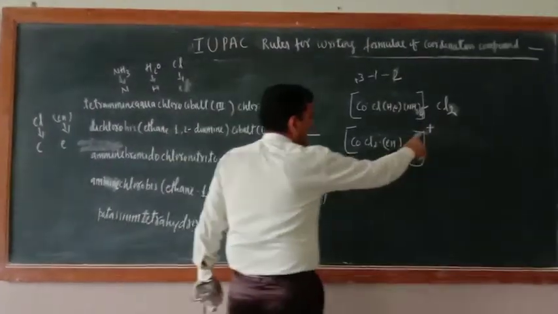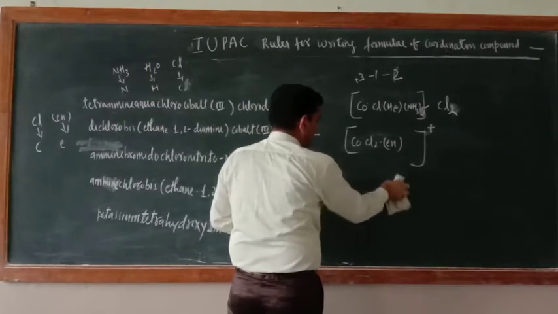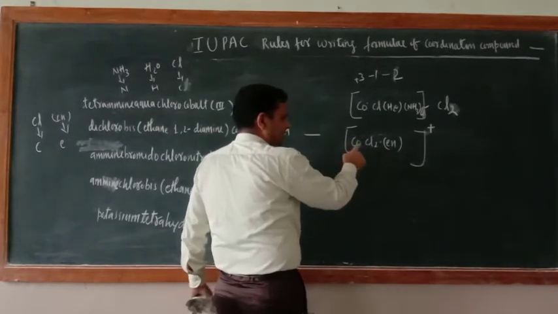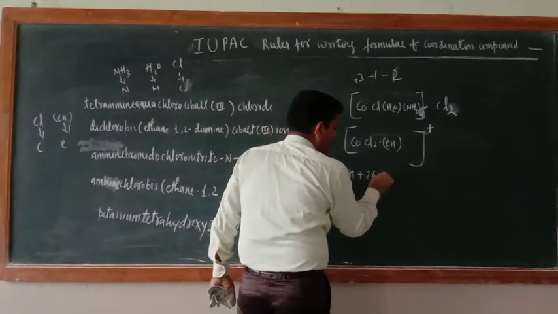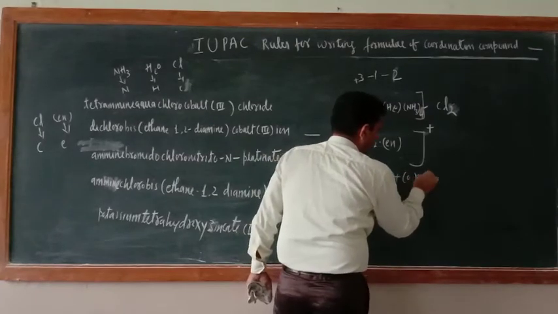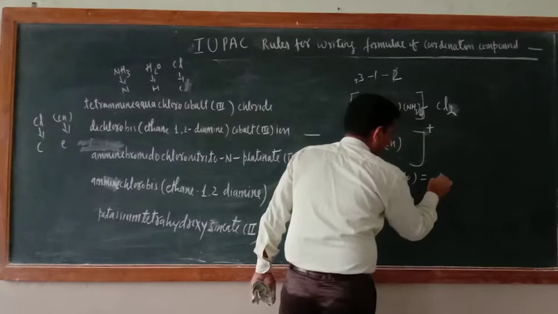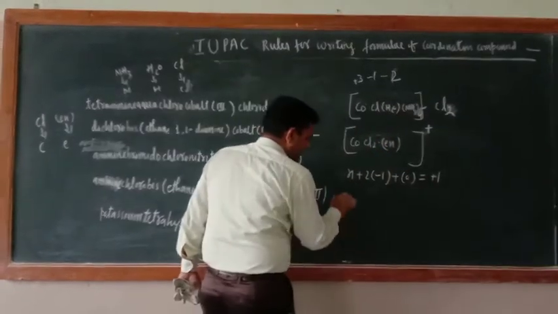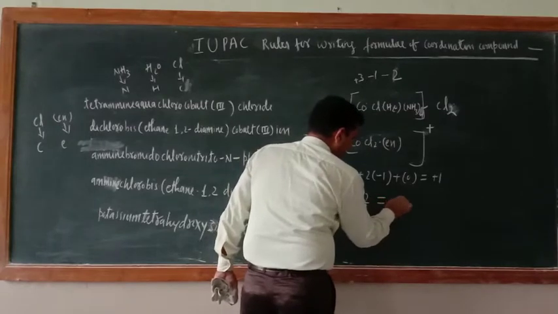That charge can also be calculated. Just see how you can calculate the charge. Very simple. Let its oxidation state be x. x +2 -1, now +0, that is equal to +1. Okay. So x -2 equal to +1.